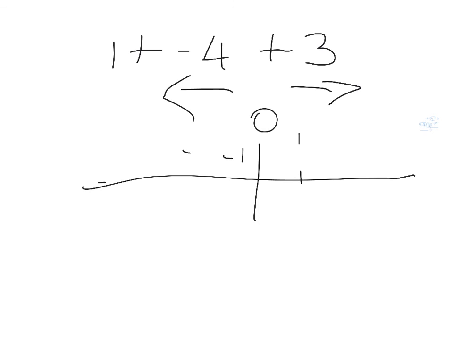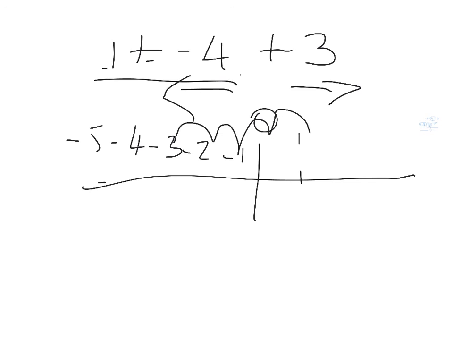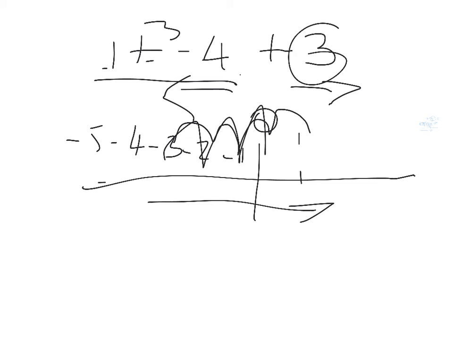There's -1, -2, -3, -4, -5. I'm going to go first, back 4. 1, 2, 3, 4. The difference between 1 and 4 is 3, so I'm back at -3. -3 now, plus 3, so I have to go back this way. 1, 2, 3. So my answer is 0. That's how I work those out.